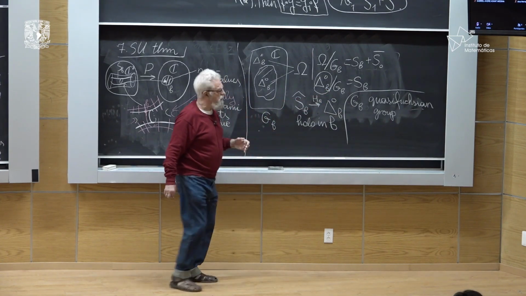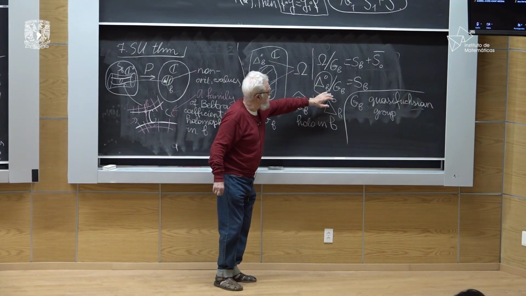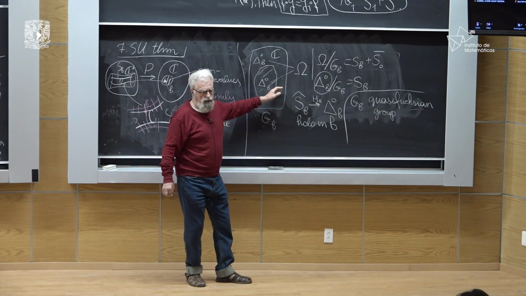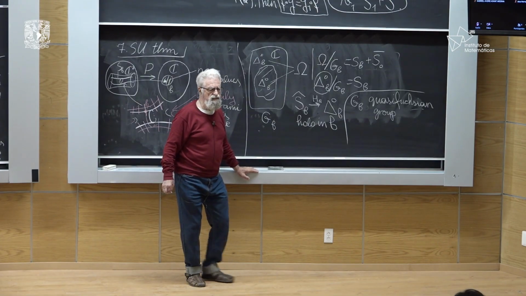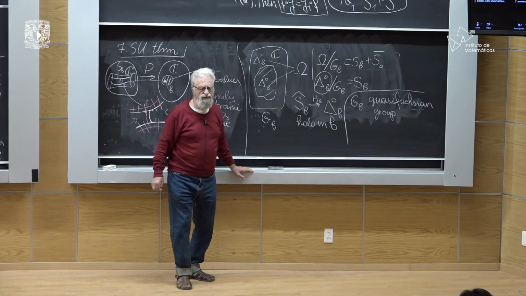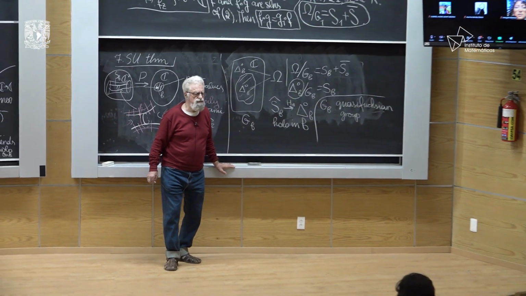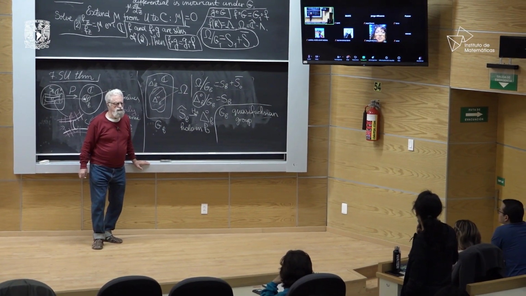And this group GB depends holomorphically on B, and this implies that the map of universal covers is also holomorphic in B. Thank you. Any other question? Also, people in Zoom?